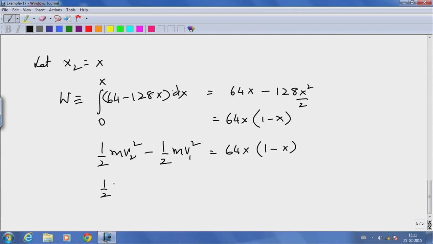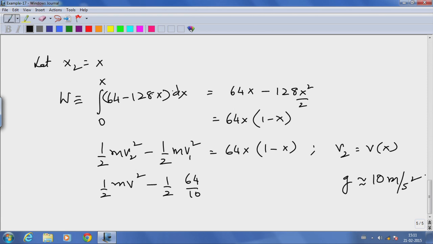So, v2 being v at any location x, I will write it as half times 64 divided by 10 times v squared minus 4 squared equals 64 x times 1 minus x. I am going to take g to be 10 meters per second squared, not going to complicate the numbers.